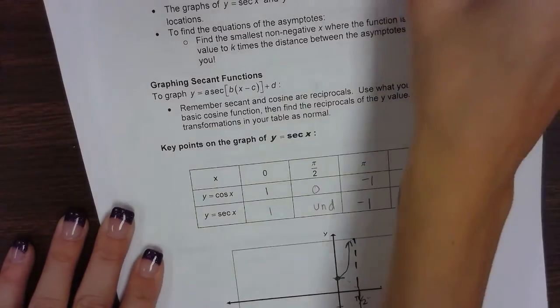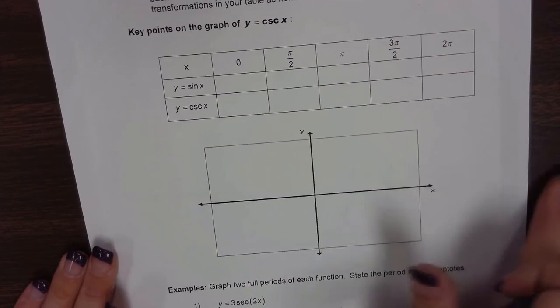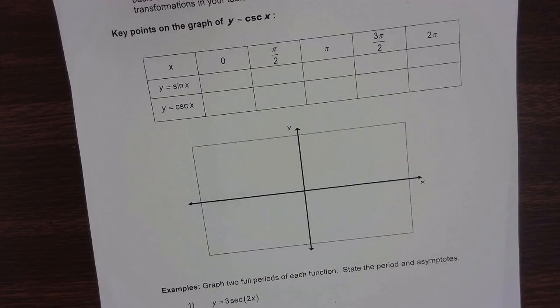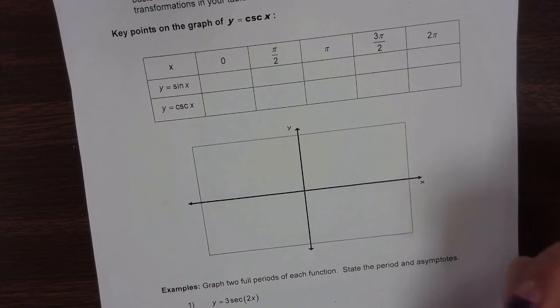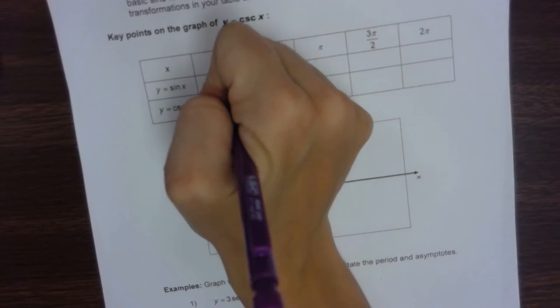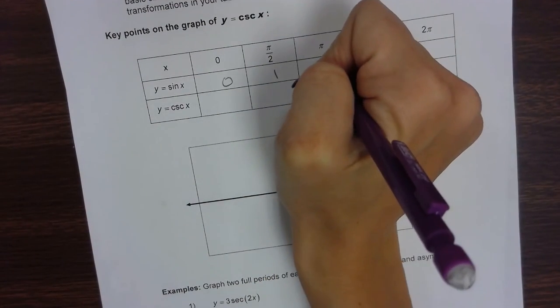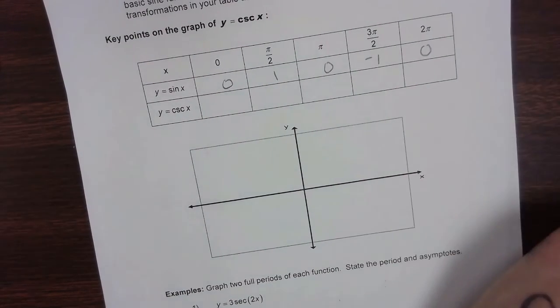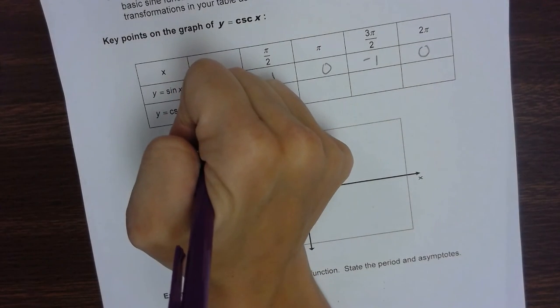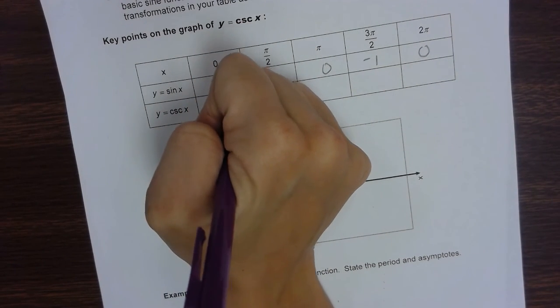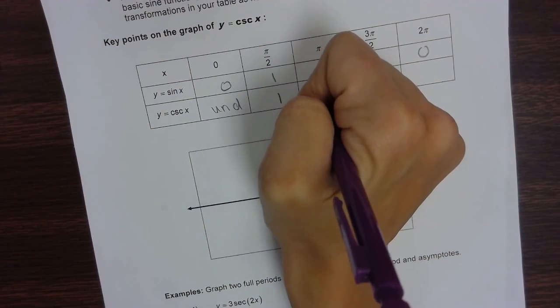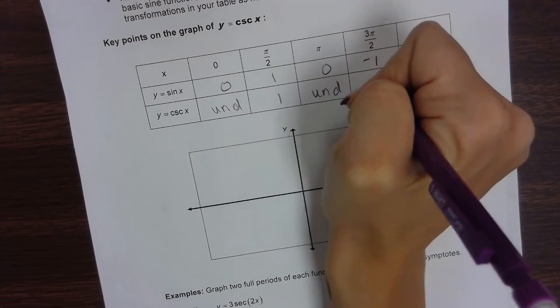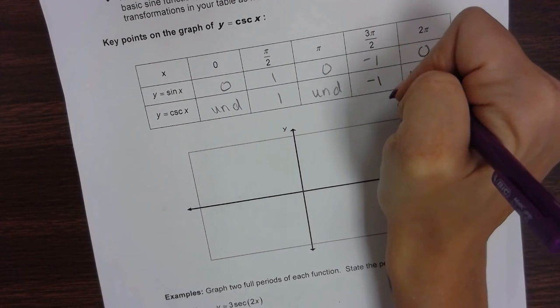Now let's go over to cosecant. So let's fill out sine first. We have 0, 1, 0, negative 1, 0. So if we do the reciprocal, we get undefined, 1, undefined, negative 1, undefined.